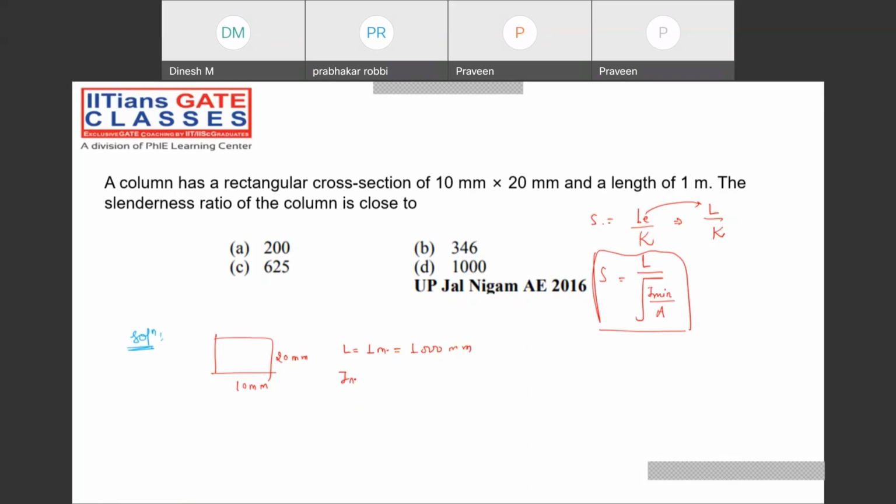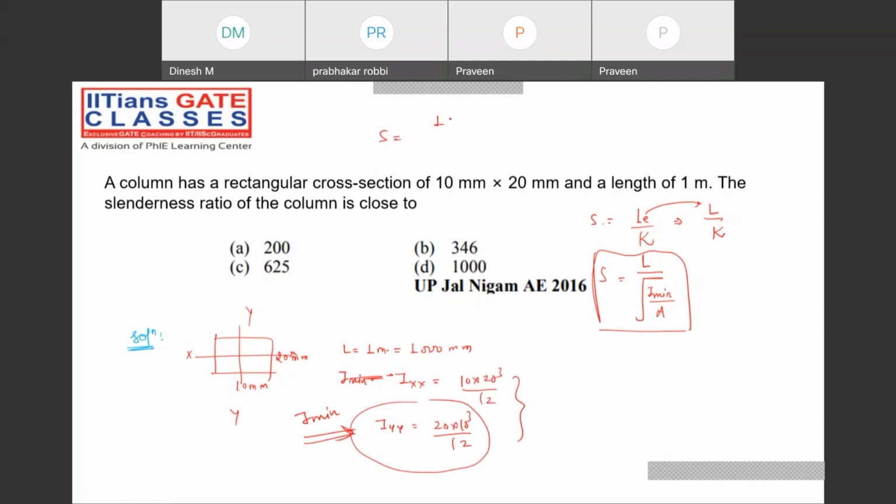Now what will be the I minimum? You just calculate Ixx first of all. That is 10 into 20 cube divided by 12. Then you calculate Iyy, 20 into 10 cube divided by 12. Among all, whichever is the minimum, you take it to be I minimum.